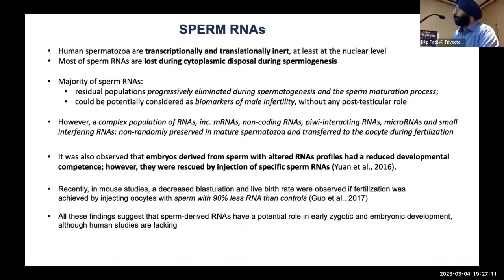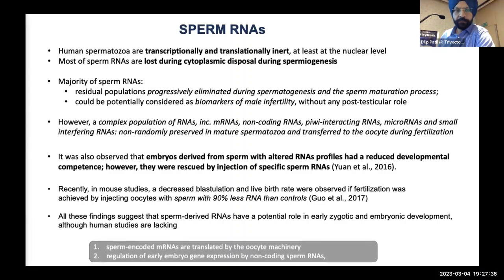Recently, in mice studies, the authors found a decreased blastulation and live birth rate when fertilization was achieved by injecting oocytes with sperm with 90% less RNA than controls. So this emphasizes the role of sperm RNAs. All these findings suggest that sperm RNAs have a potential role in early zygotic and embryonic development, though human studies are obviously lacking till now.